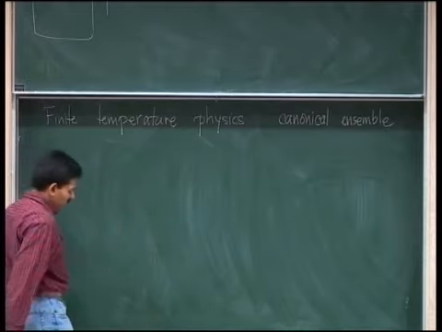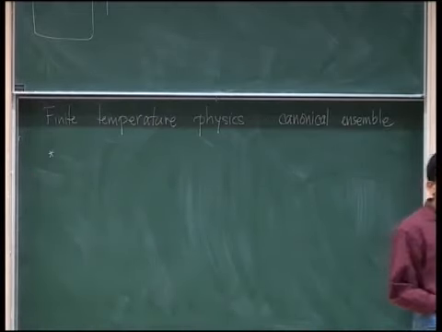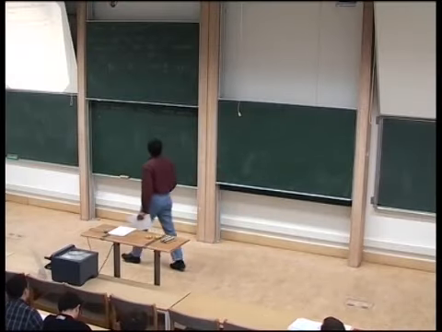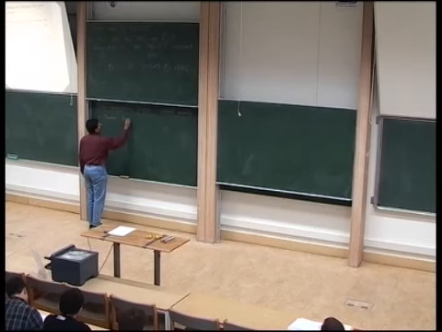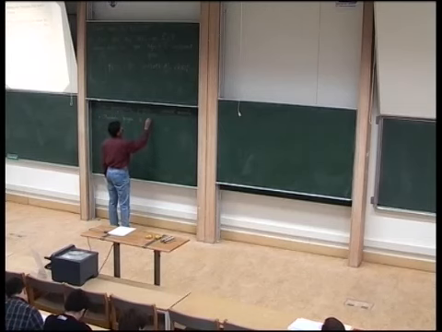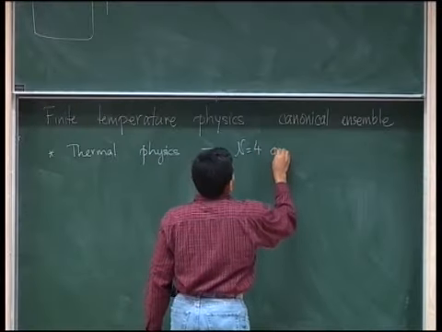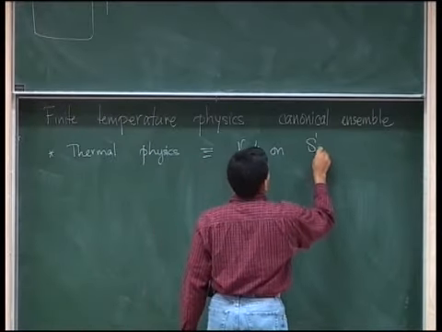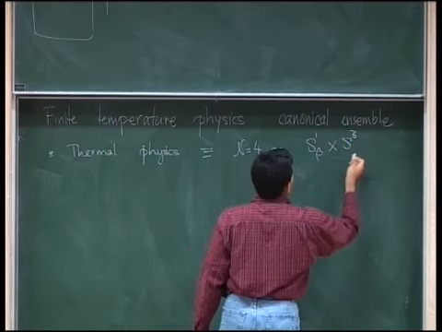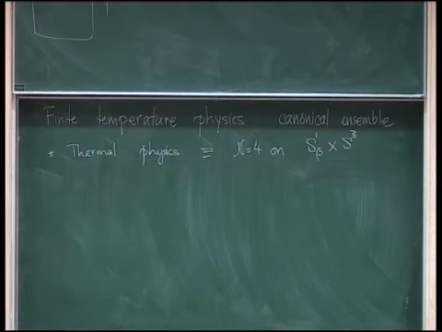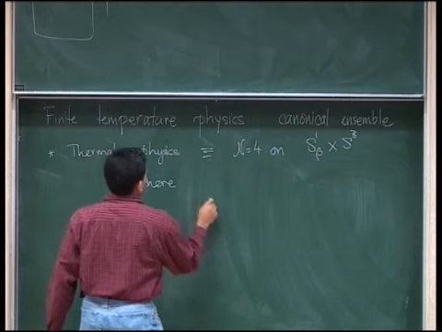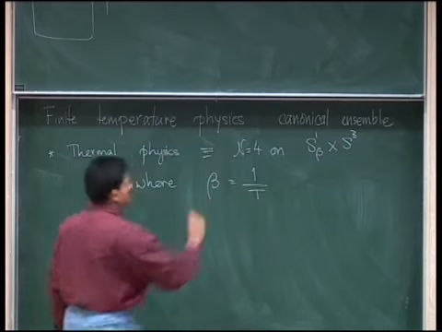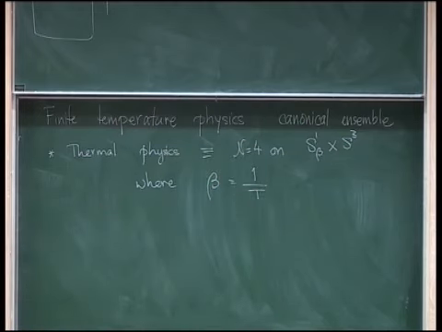So the first rule of the game I need to tell you, this is something you've heard, but I never enunciated it clearly, which is the thermal physics is equivalent to studying N equals 4 not on R cross S3 but on a circle whose periodicity is set by the temperature. Beta is 1 over temperature, times the 3 manifold S3.